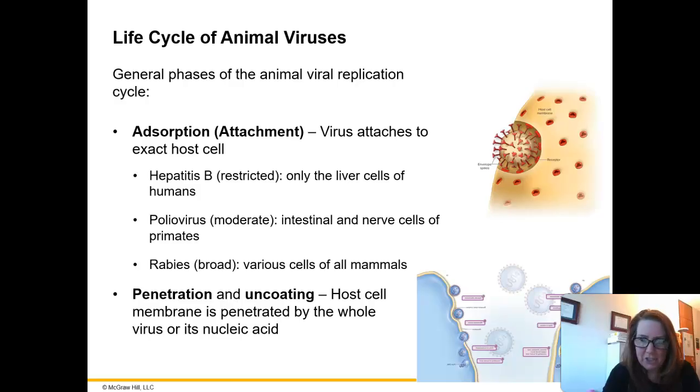Once it attaches to that cell membrane, we see what we call penetration or uncoating. That's where this outside coating, as well as those spikes, can become incorporated directly into the plasma membrane of its host cell, or other times it's taken off once it gets into the cytoplasm.